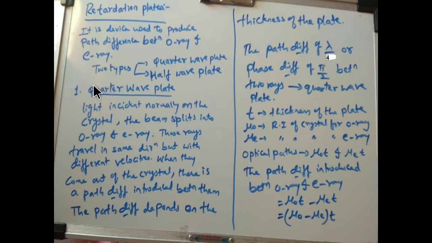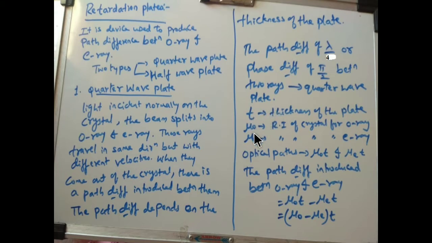The quarter itself says 1 by 4. So the path difference should be lambda by 4 or the phase difference should be pi by 2 between these two rays.